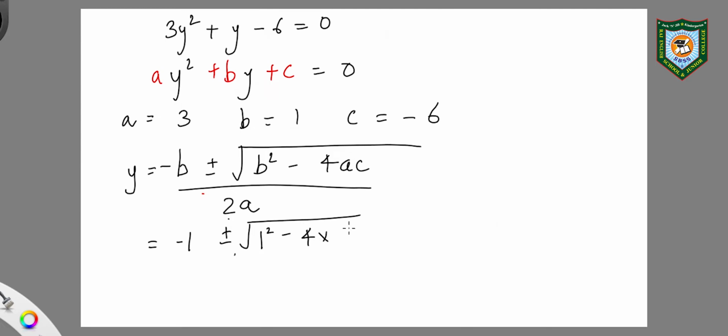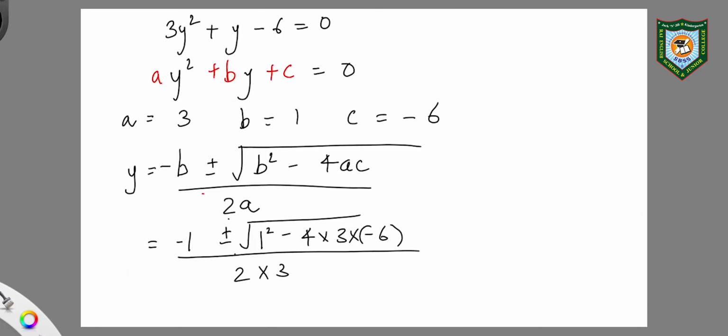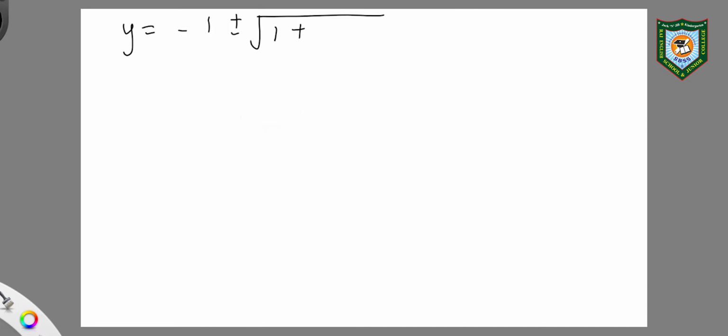So this is 4 into 3 into minus 6 divided by 2 into 3. So y is equal to minus 1 plus minus under root 1 plus 4 into 3 is 12, and 12 into 6 is 72.